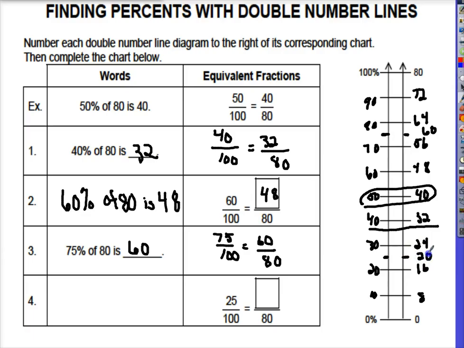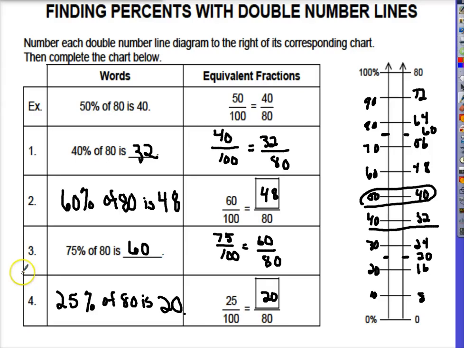And that is 20. So 25% of 80 is 20. Nice.